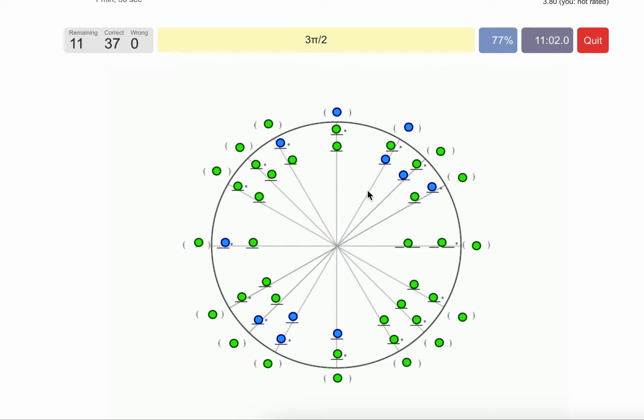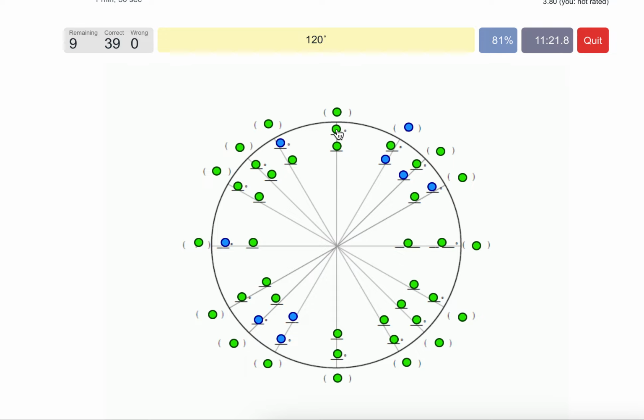Okay, so this one, this is pi over 2, like 1 pi over 2, right? So this would be 2 pi over 2, and then this is 3 pi over 2. Alright, this one, x equals 0 and y equals 1, so this one right here.